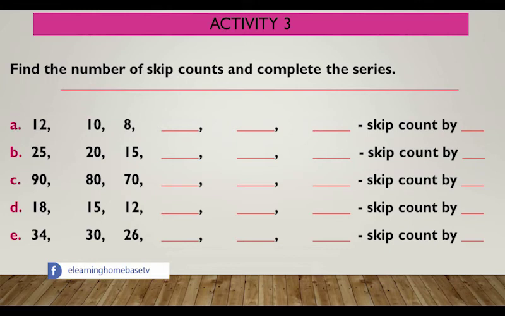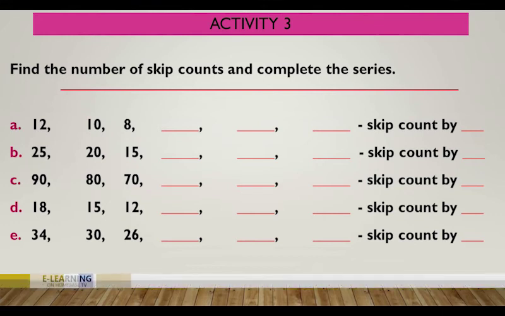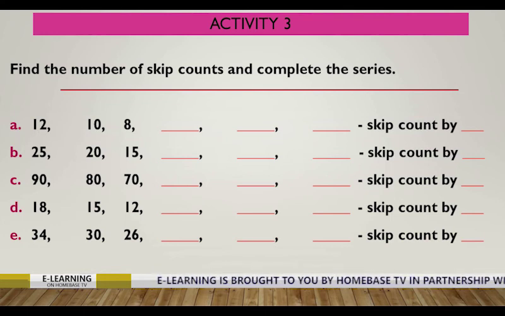You are also to fill in the next 3 blank spaces. E, we have 34, 30, 26. You are also to fill in the next 3 numbers, and you are to find out the skip count, whether by 2s, by 5s, or by 10s.